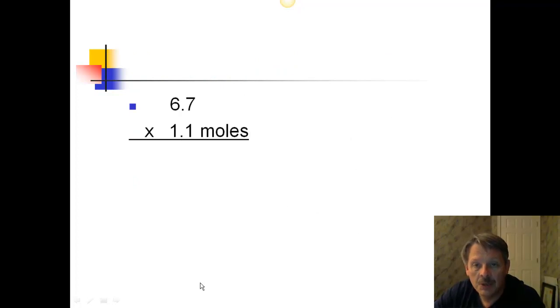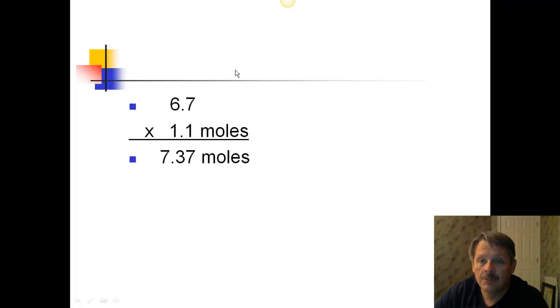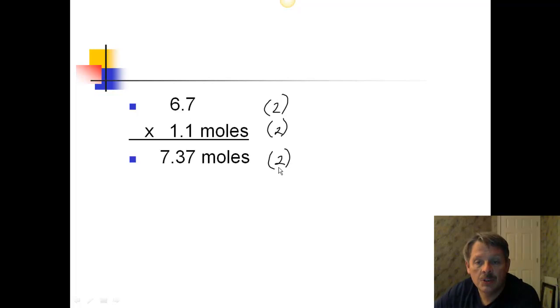Let's take 6.7 times 1.1. We multiply those 2 numbers out, and we get 7.37. But we look at the first number here, the 6.7, and there are only 2 sig figs here. There are only 2 sig figs in this number, which means our answer can only have the lesser of those, which is 2 sig figs.